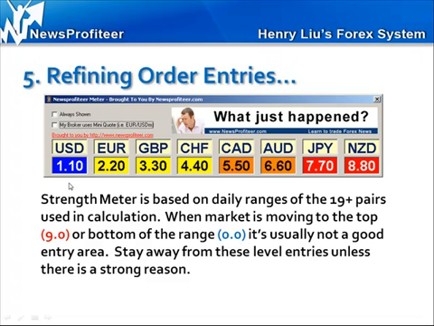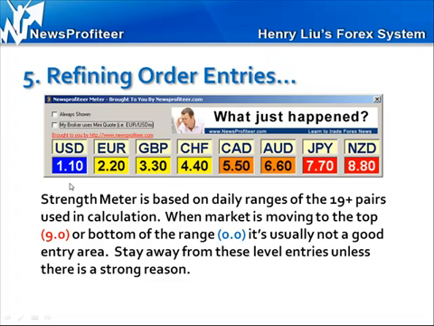The strength meter basically works with the daily ranges, the range of the day. So when we start early in the day, let's say around 5 p.m. in the afternoon, the strength meter is just starting, it's just gaining data. After a couple of hours, it has gained the data, it will start showing you the strength.